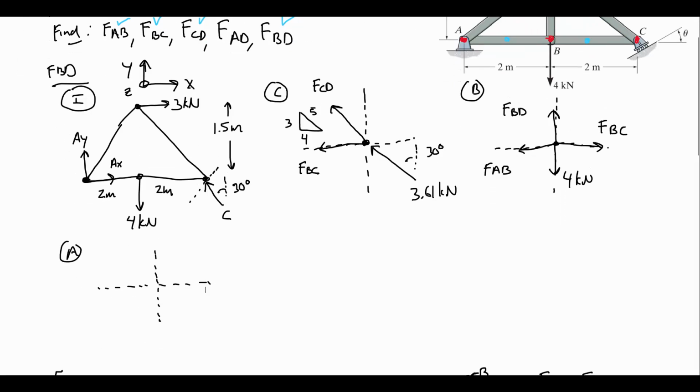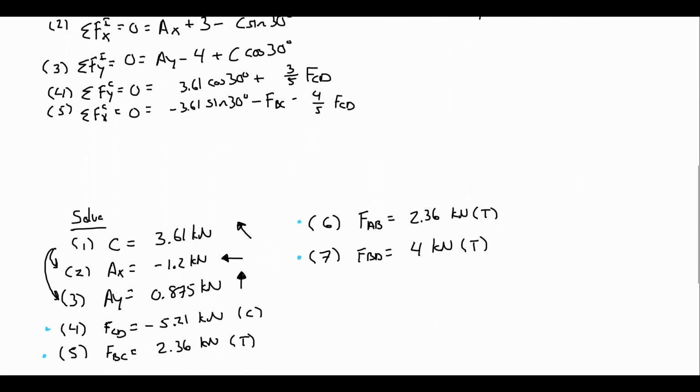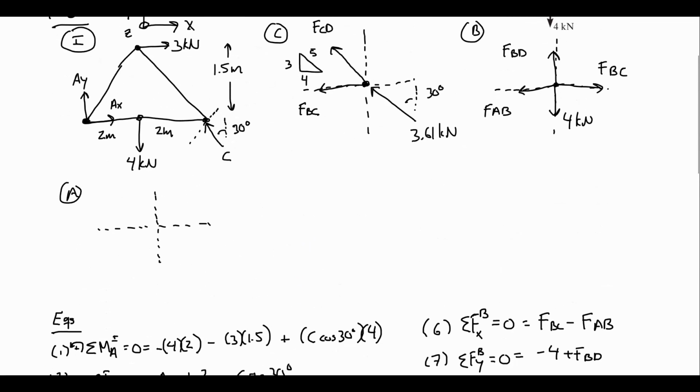At point A, we have the support, which we solve for, AX and AY. Again, we know the numerical values of that support. I will put them in as numbers and in the right direction. AX was negative 1.2, which meant it pointed to the left. So I'm going to put it in the correct direction, left, 1.2 kilonewtons.